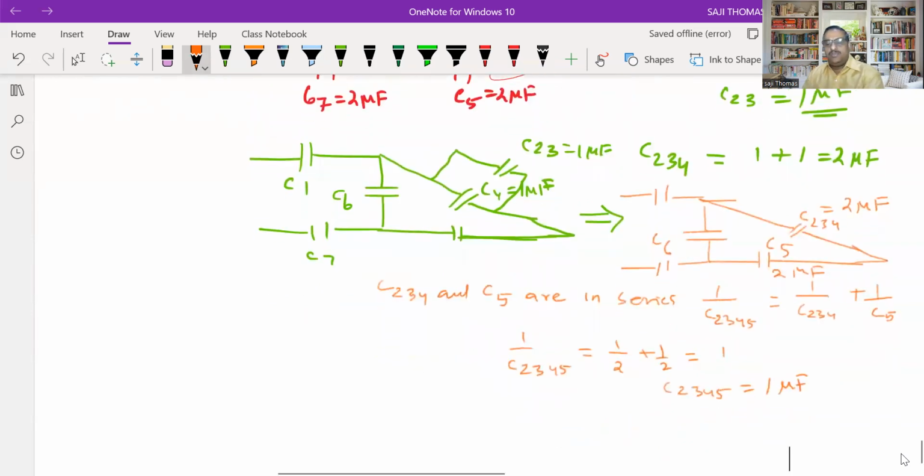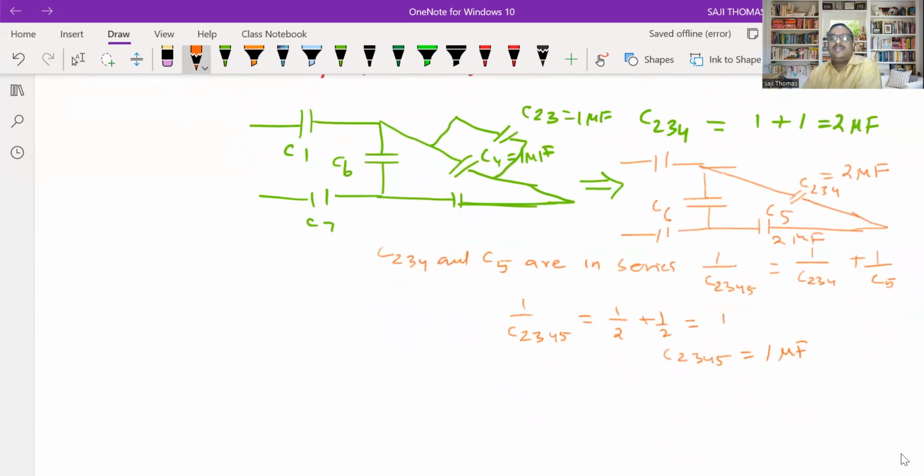Okay. Now you again simplify the diagram. Now we have to replace C2345 by a single capacitor. So the final next step diagram is this. This was C1, C6, this one was C7, this is C6.